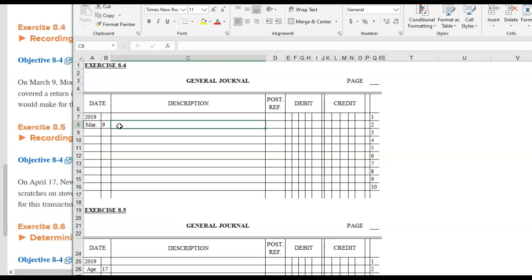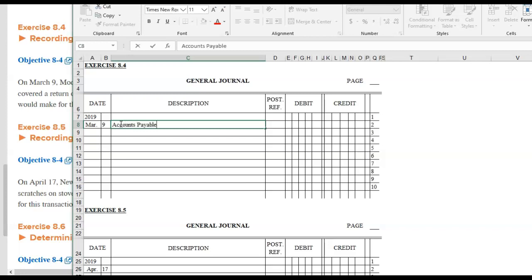Come on, 8.5, right? 8.4. We know that we got a credit in accounts payable. So let's talk about what gets that. Means that's going to be the debit. So accounts payable is normally a credit. But because we returned something, we get some money back, crediting to accounts payable. So that's going to be a debit. So we're going to put accounts payable first.